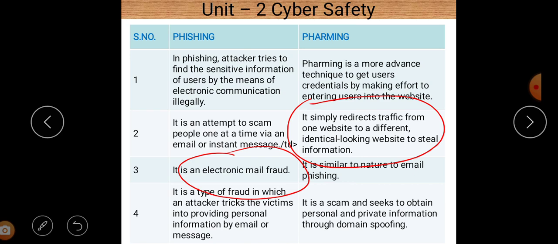And you are not aware whether this is the same website or not. It looks identical to the original website, and you just give your personal information to that website, so your personal information can be accessed by another person. That is the case of pharming here. So that is the main difference between phishing and pharming.